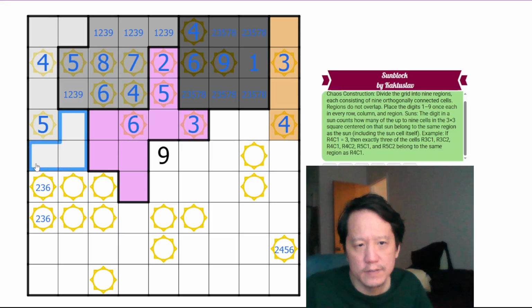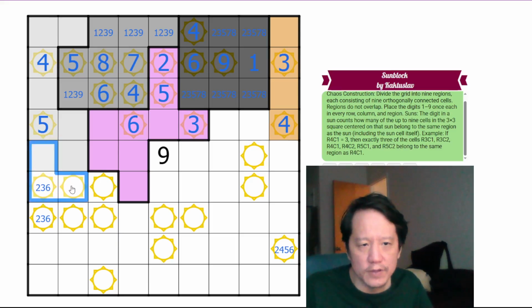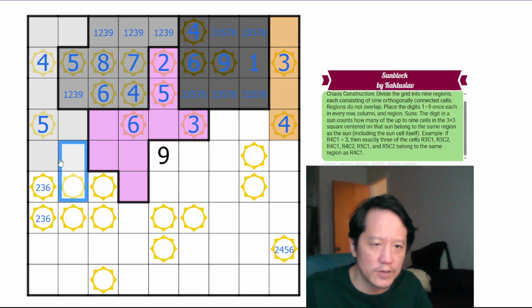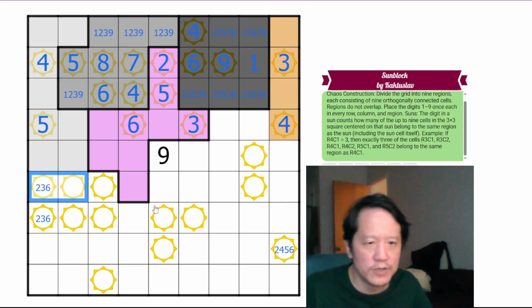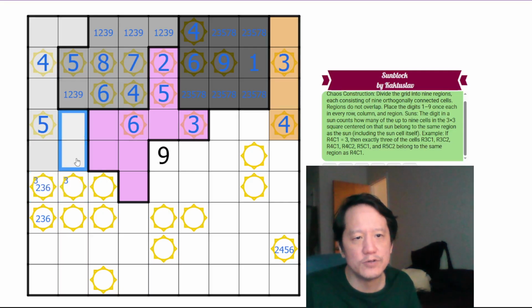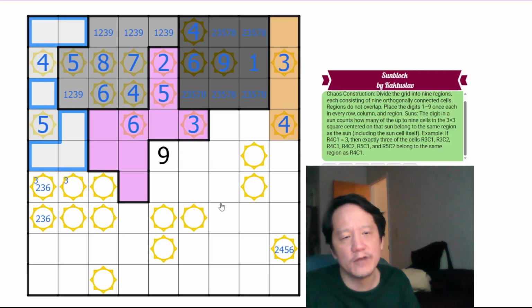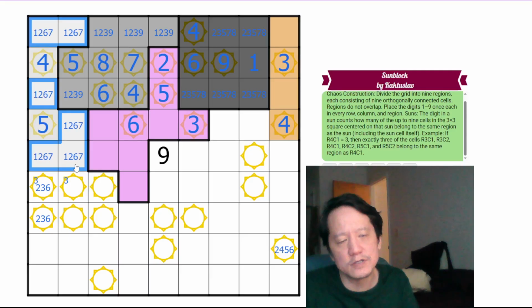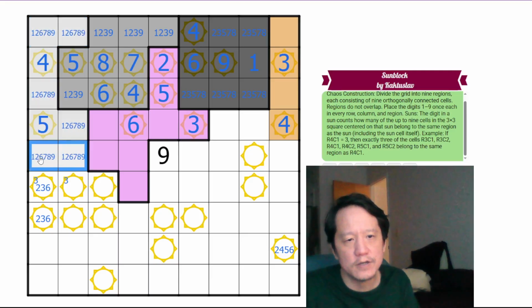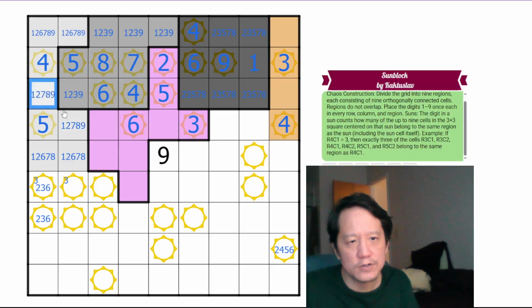Okay. One of these would have to be 3. It would be light here or light here, and that would be 3 cells. So one of these would be 3, which means the light could not contain 3 anymore. It would have to be 1, 2, 6, 7, 8, 9. No 9 here, no 6 here. No 6 here.